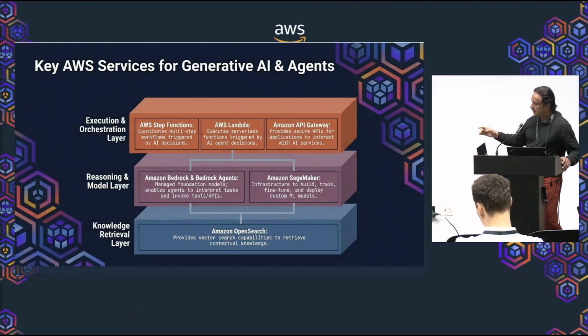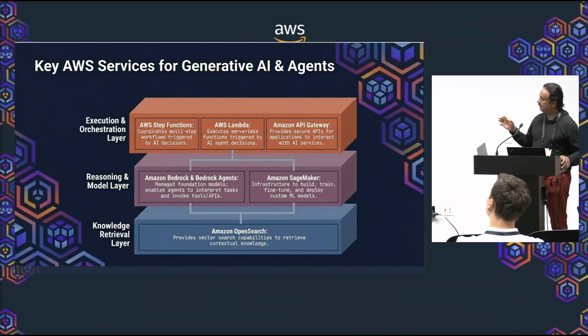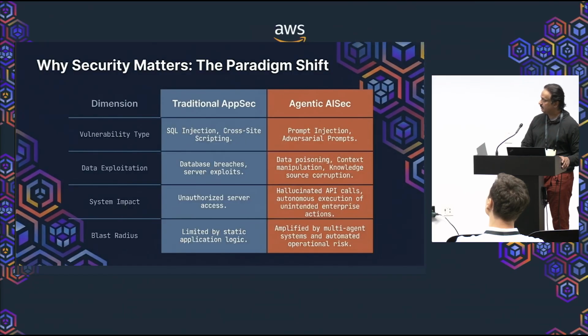And at the knowledge retrieval layer, we use Amazon OpenSearch to search for knowledge and to be able to provide information back to the user. It covers both the GenAI and agentic AI services that Amazon provides.